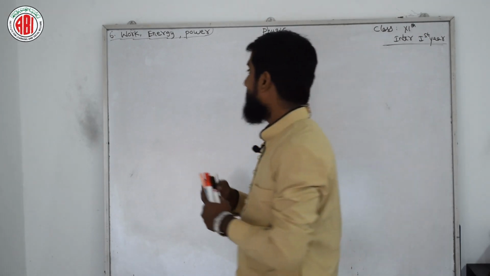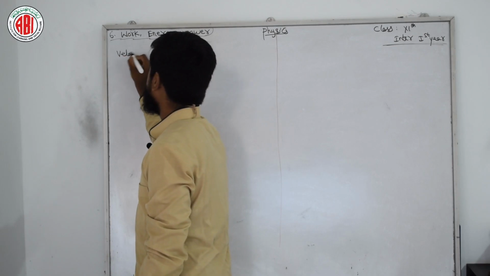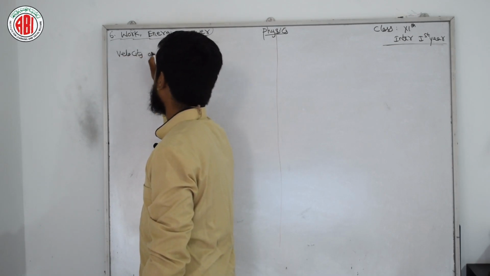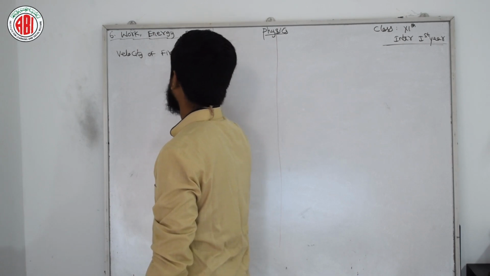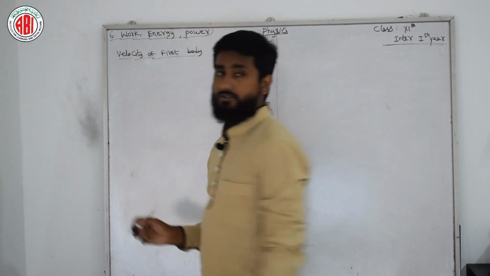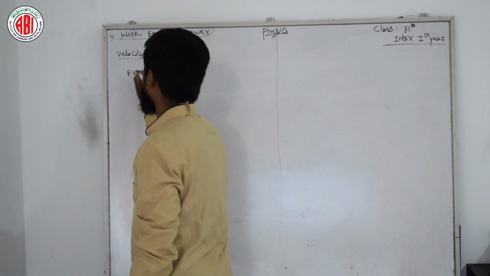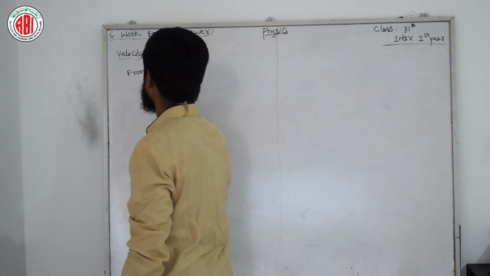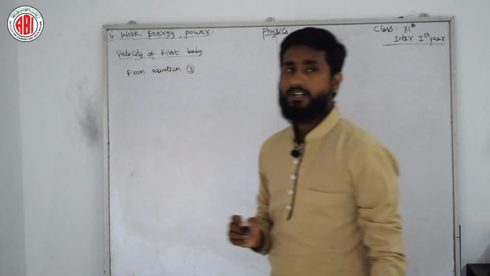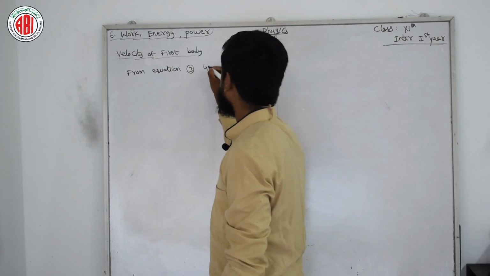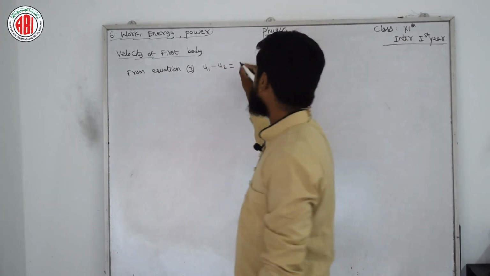Now I am writing the velocity of the first body, or first object, as you can see on the board. From equation 3 we have u1 minus u2 is equal to v2 minus v1.